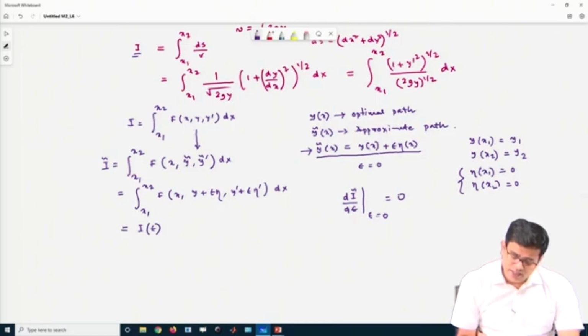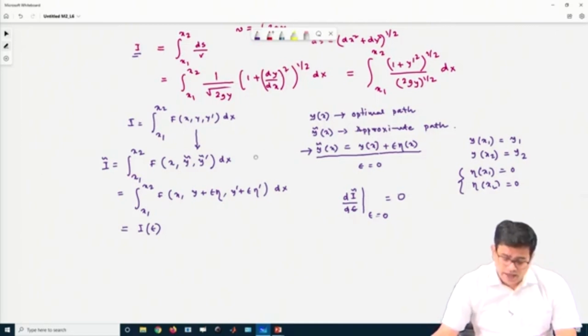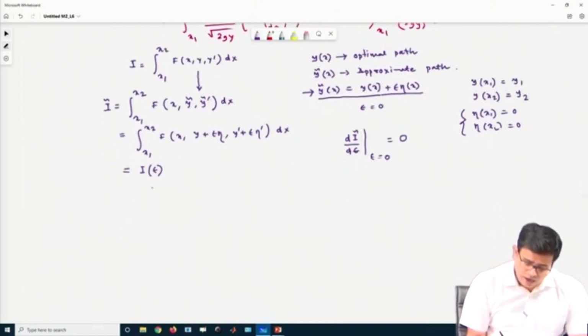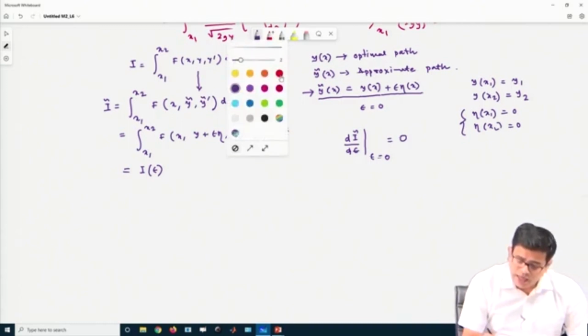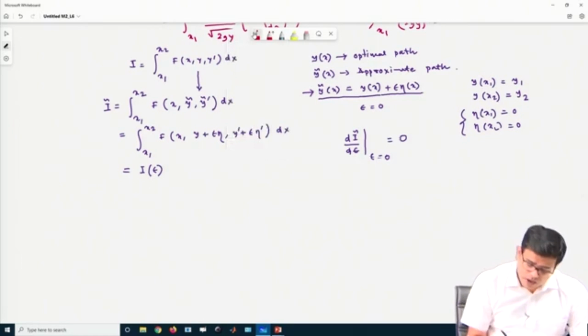I can express it in terms of a Taylor series, expressing this I tilde around epsilon equal to 0.